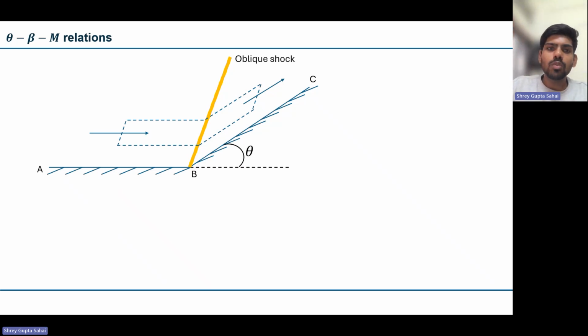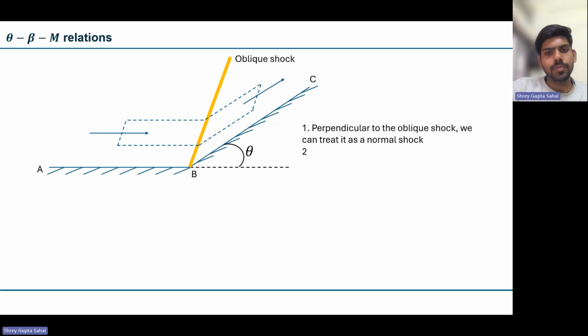Okay. So now there are two things. We are not going to do the entire derivation, but there are two things that we'll see. First of all, perpendicular to the oblique shock, we can treat it as a normal shock.